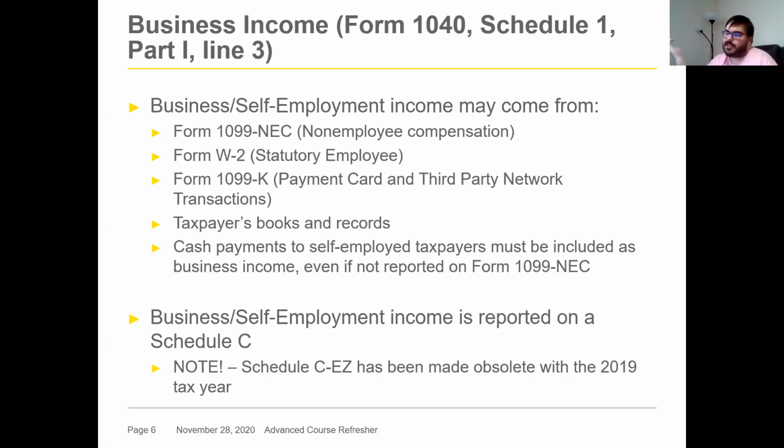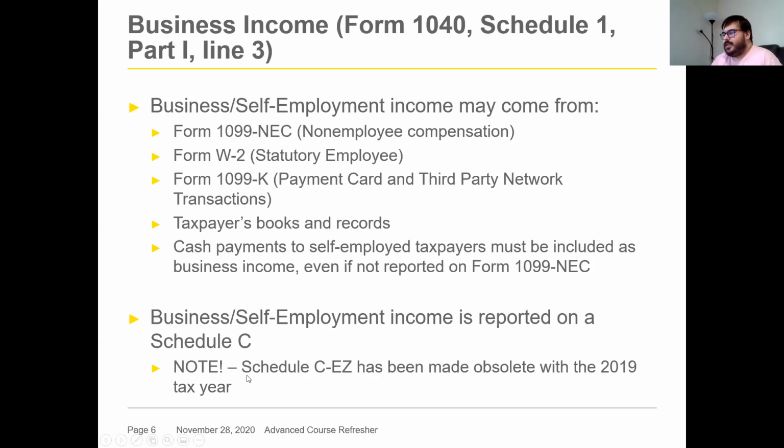It can be from the person's books or records, if they use something like QuickBooks. And don't forget that even if nothing is reported on a form, if the person got paid in cash, they still have to report it to the IRS as income, even if it's not written on a form.